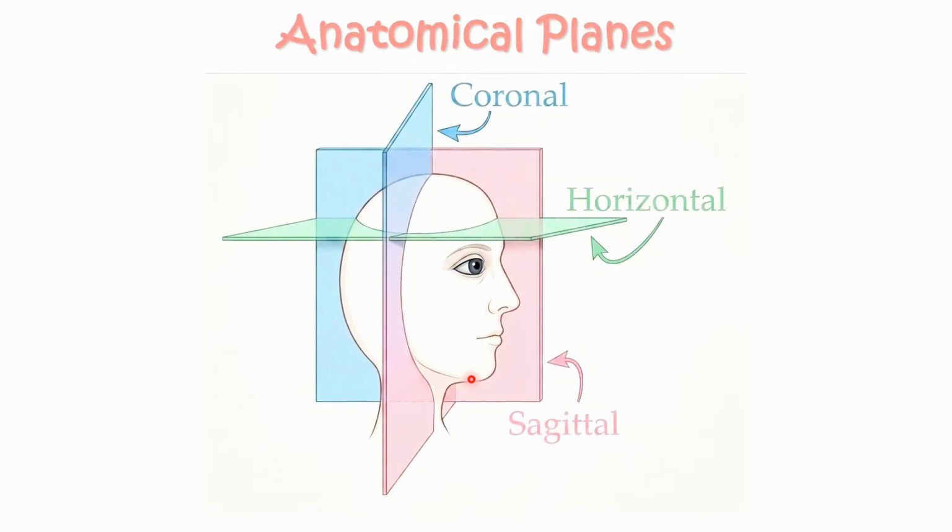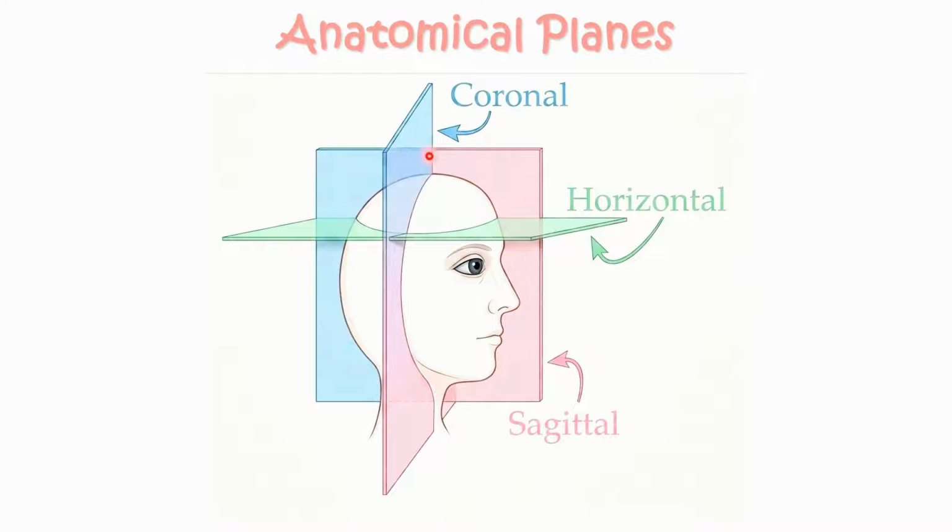Moving to the next slide, anatomical planes. If the body is divided into right and left halves, the plane is called the sagittal plane. The second one is the horizontal plane, which divides the body into upper and lower portions.